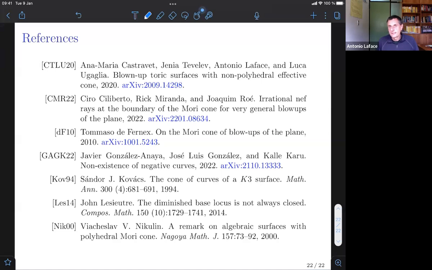First of all, there is a result by Mukai. If you blow up, for example, very general points in P^n, then polyhedrality of the effective cone has been studied by Mukai, and then by Castravet-Tevelev. I mean, Castravet-Tevelev also say that when the effective cone is polyhedral, then in that case the Cox ring is finitely generated.